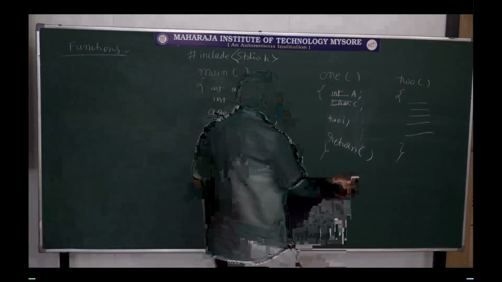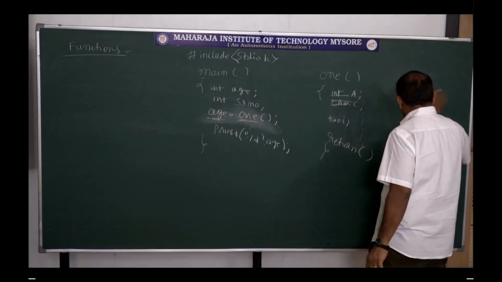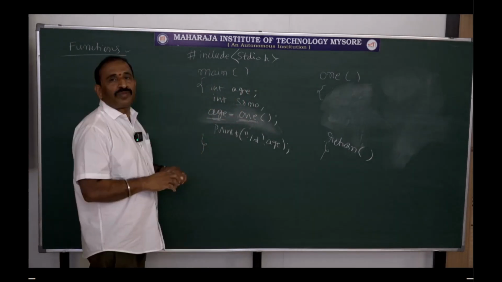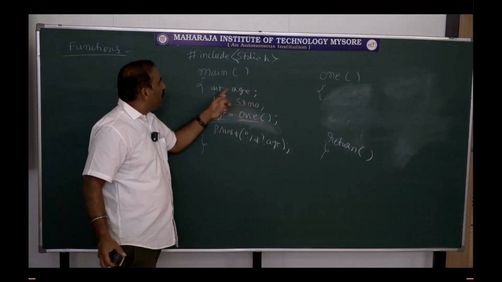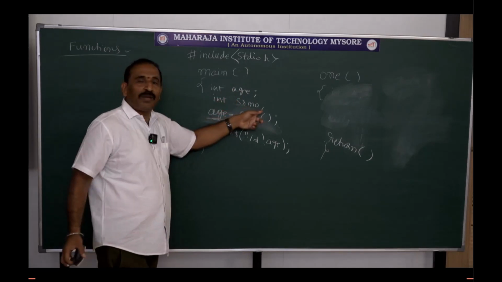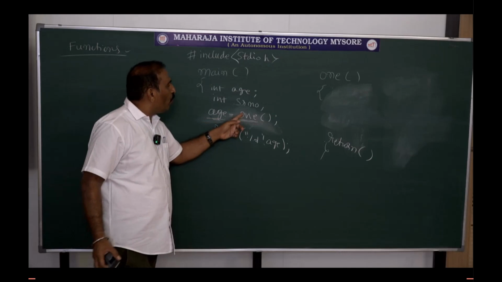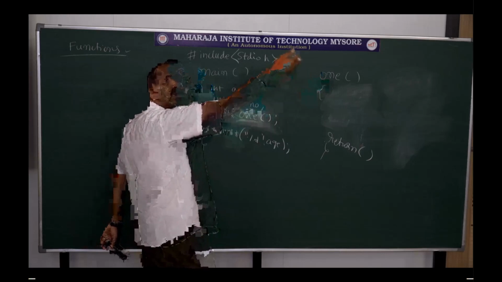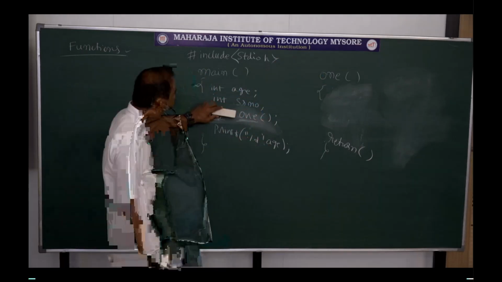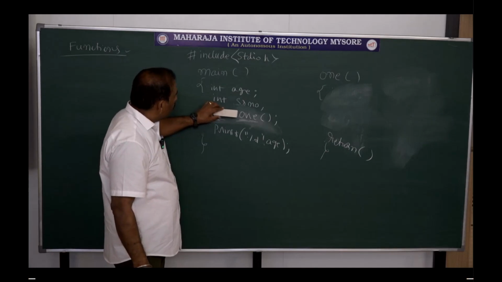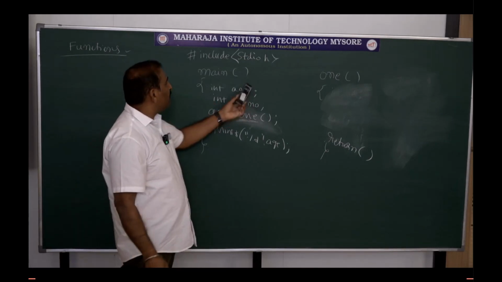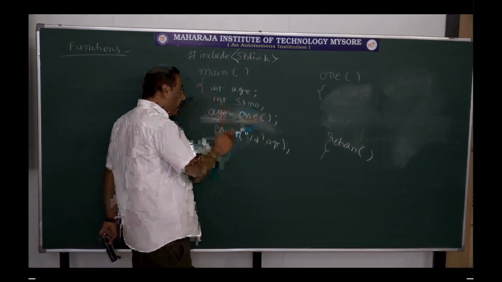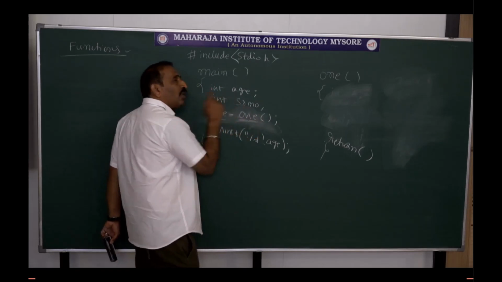Okay, now let us see a small program, just to modify this same program. If I don't do this, int age, int serial number, age equals function 1, I am calling a function now. The function goes there. printf percentage d age. If I don't do this, age is not assigned any value. Now age has a value returned from function 1.